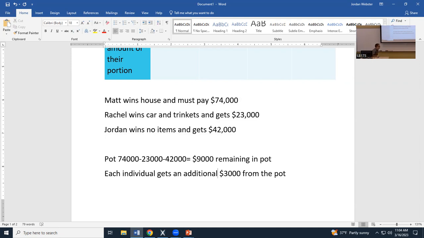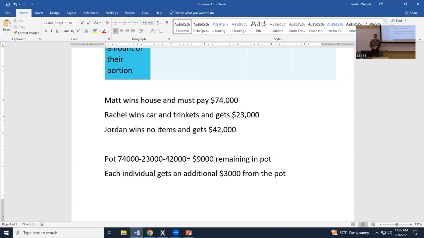So everybody in their own mind walks away with their fair share plus an extra $3,000. Does that make sense? So that's how it goes. That's how this adjusted winner procedure goes.